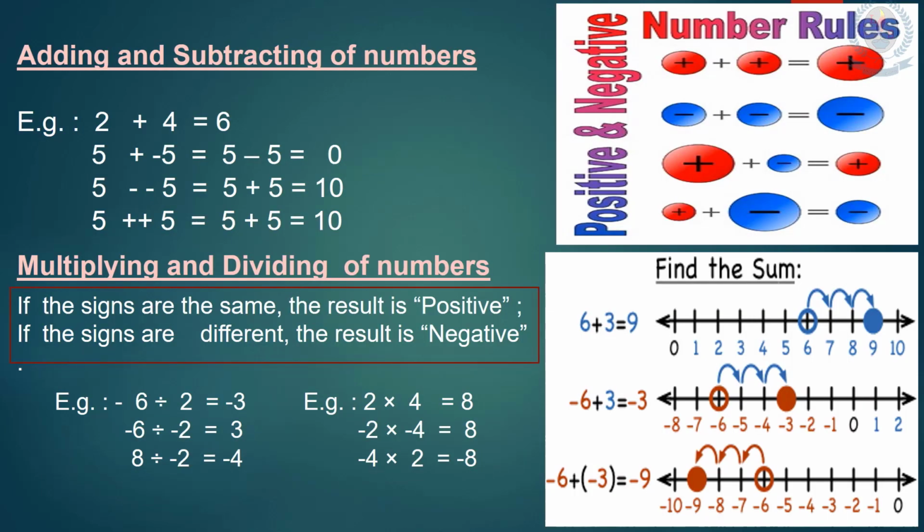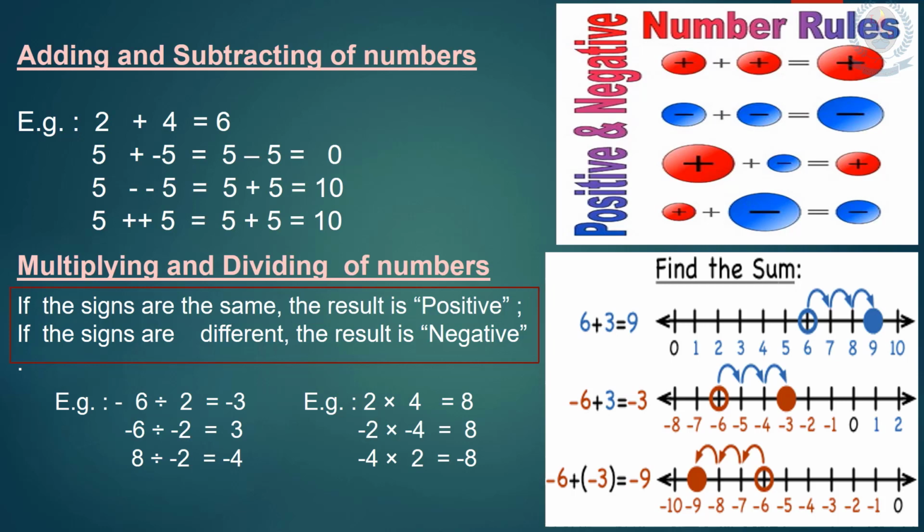Adding and subtracting of numbers. Positive and negative. If you want to add positive numbers, like the first example, 2 plus 4, it's equal to 6. If you want to add two negative numbers, minus 2 plus minus 2, minus 4.